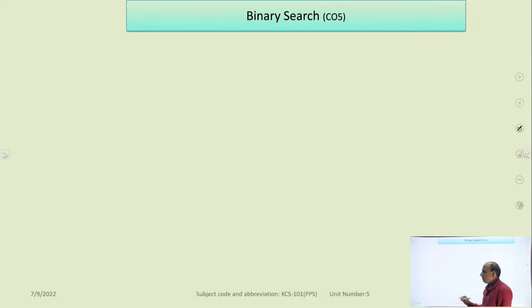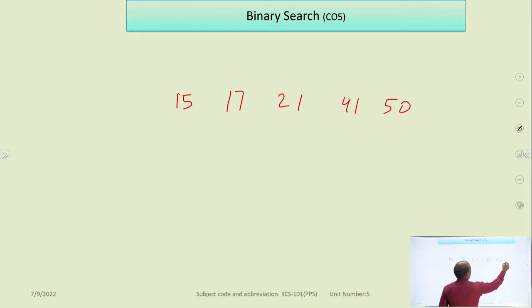So let us understand the concept of binary searching. Let's say we have a sorted list: 15, 17, 21, 41, 50 and 95.